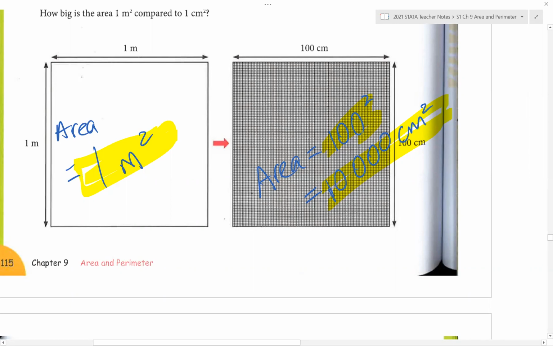Same thing on the top, 100 cm. So this is one big 1 square meter. How many square cm do you have? How many little squares do you have? Turns out we've got 100 times 100. We've got 10,000. 10,000 little squares equals 1 big square. This is the conversion. Must know.